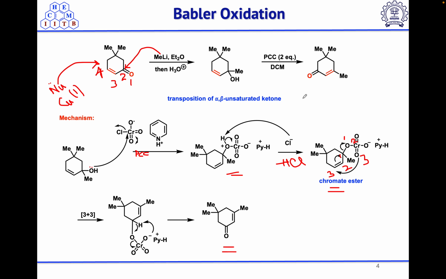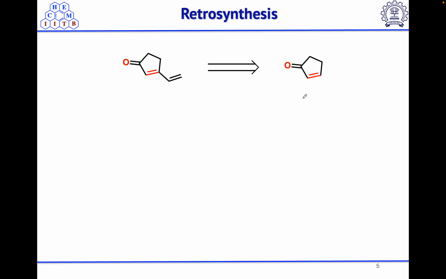So coming to the next retrosynthetic analysis. If you see this molecule, this is the same. Similarly, this is the alpha carbon, this is the beta carbon, right?